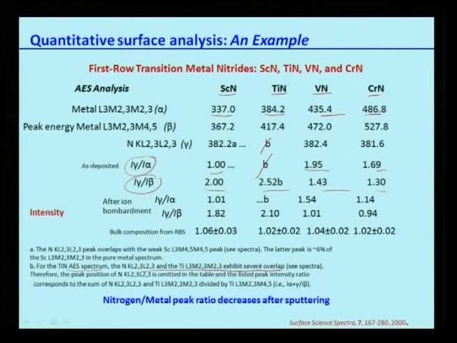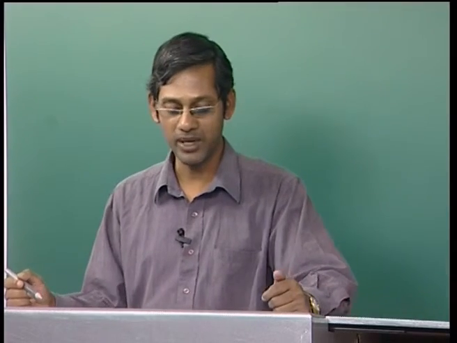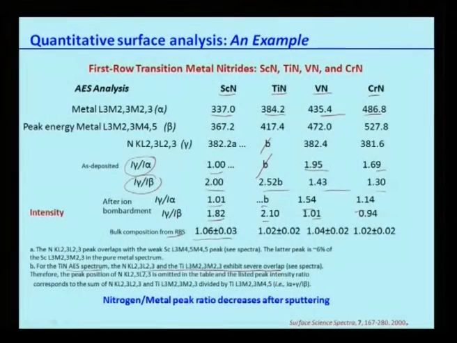After ion bombardment, the ratio gets modified, right. On the other hand, if you do it using RBS, that is what we will discuss next. RBS means Rutherford backscattering, which is like the SIMS tool, secondary ion mass spectroscopy. This is the data we get. You can see this is very close for the vanadium scandium nitride, okay, but this is not.